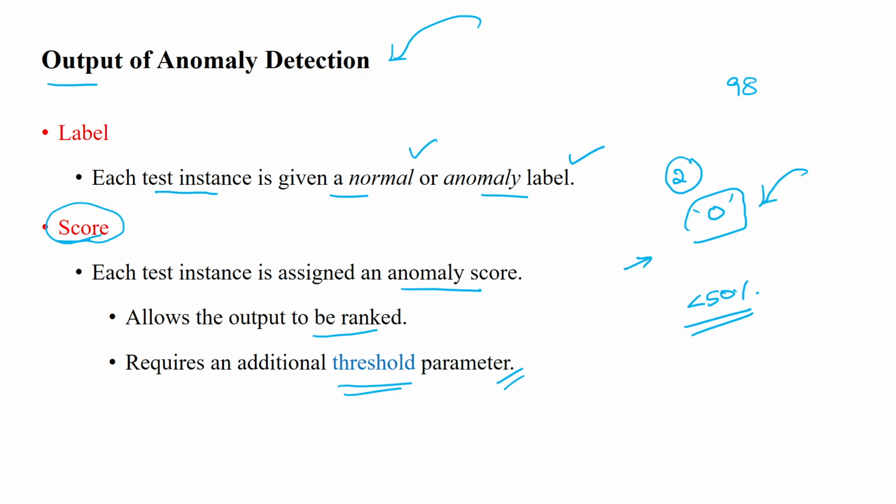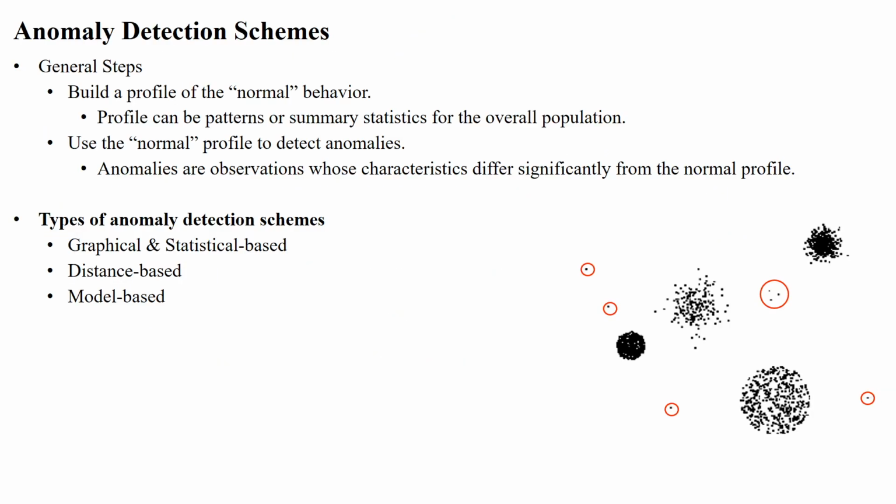And next is the anomaly detection schemes aspect. Here we have different detection schemes: graphical and statistical based detection schemes, and distance based detection schemes. Here we will use plots, graphs, pie charts, bar charts, or scatter plots.